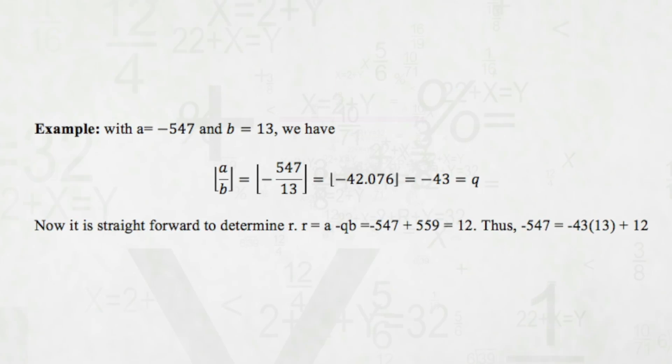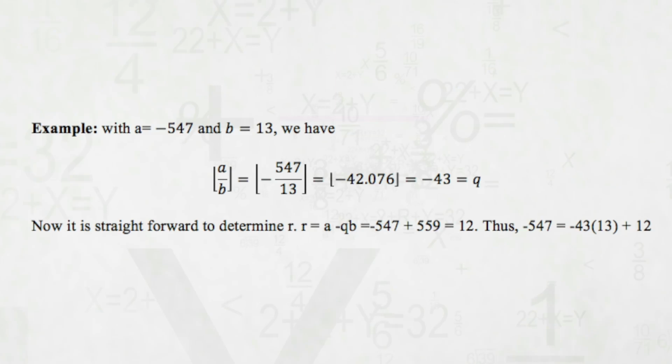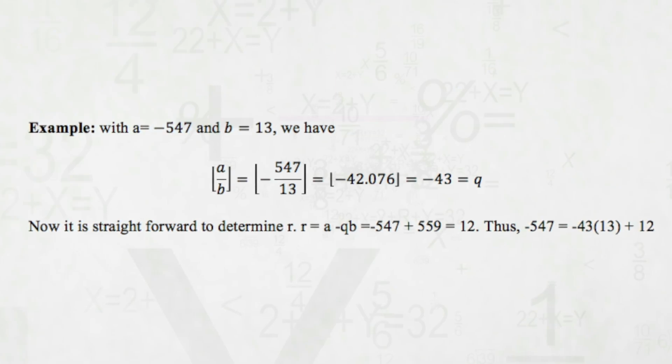Thus, minus 547 is equivalent to minus 43 multiplied by 13 plus 12. So, this way we can write.